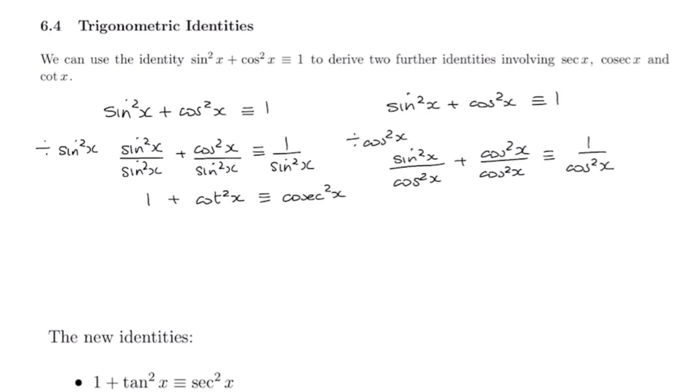And of course, sine squared x over cos squared x is tan squared x, cos squared x over cos squared x is 1, and 1 over cos squared x is sec squared x. So that is how we get our two new identities.